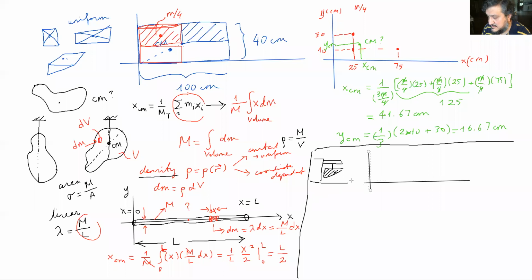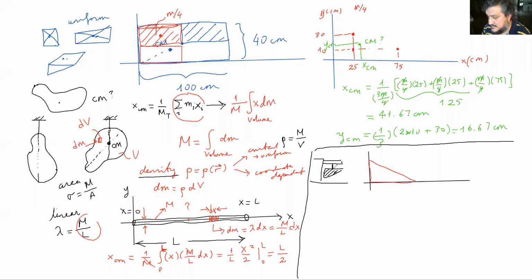And our triangle will be, okay, let me use red again. I'm gonna flip the triangle like this. That will make a difference. So I'm just gonna put it here. This is my triangle.